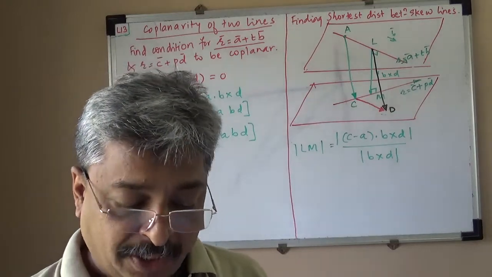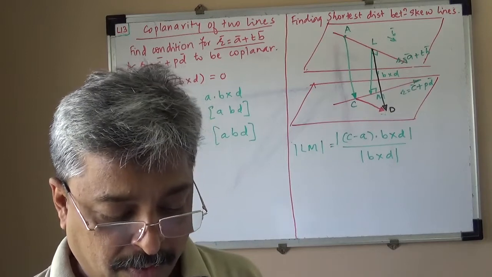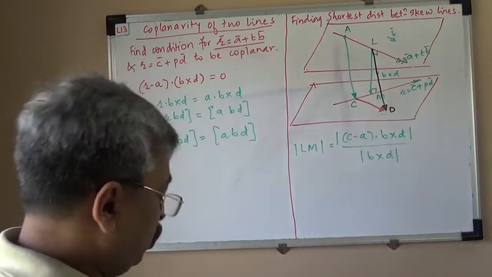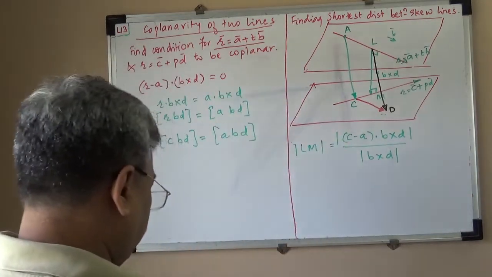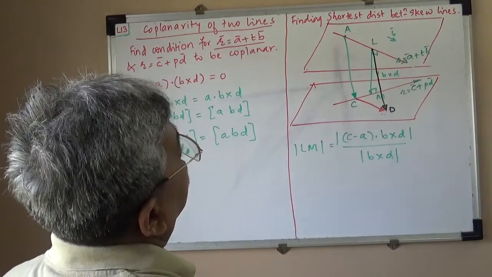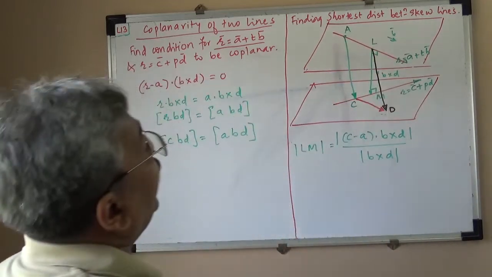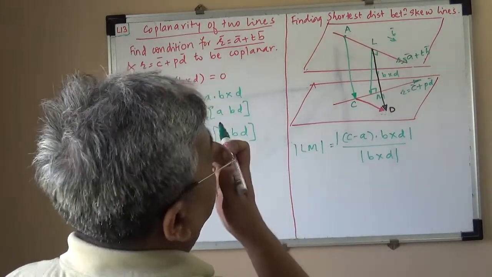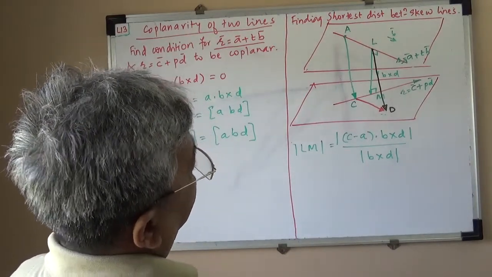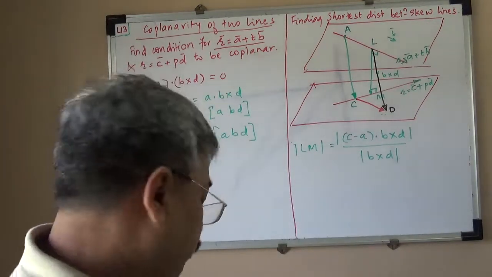Okay, line of intersection of these two planes, the planes through the given line and LM. So what is going to be the line of intersection? What is the equation of the plane which contains LM and AL? Can we find out the equation of that plane?